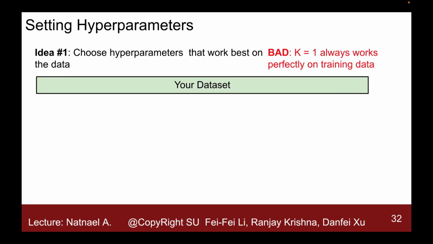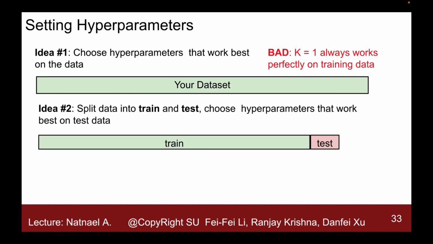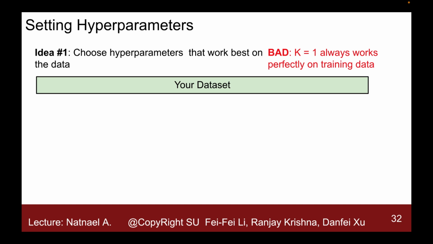For instance, k equal to 1 always works perfectly on training data, because in the training data we have all the information, and the one with the best distance to the new data is obviously going to resemble the class of the new data.